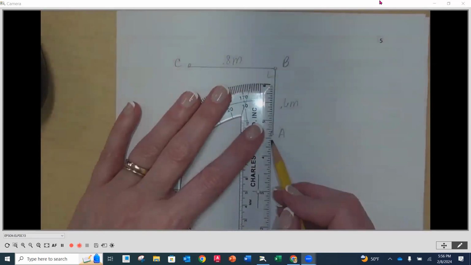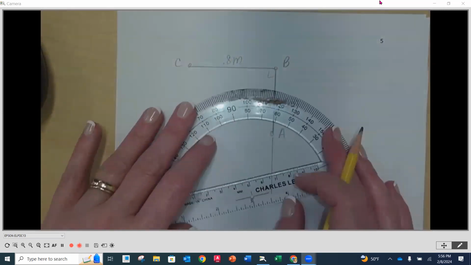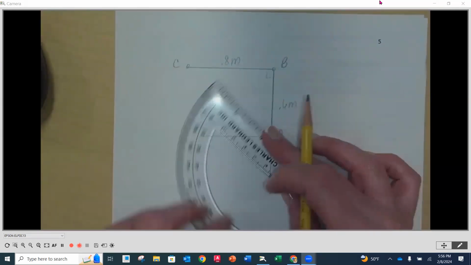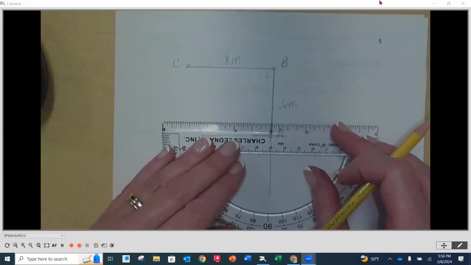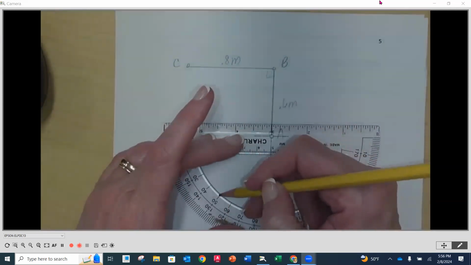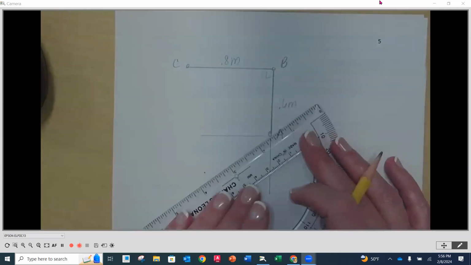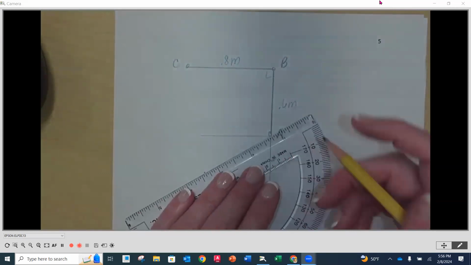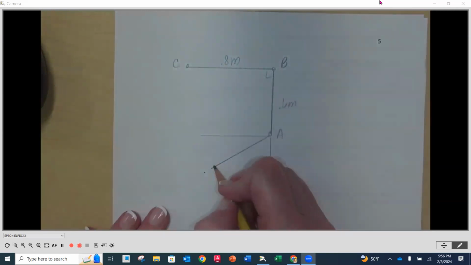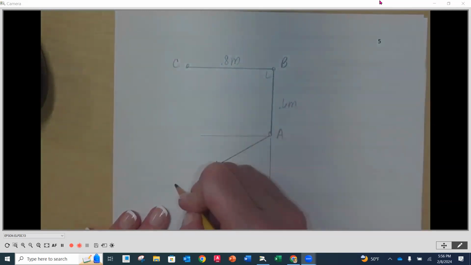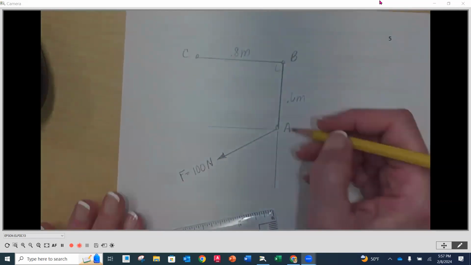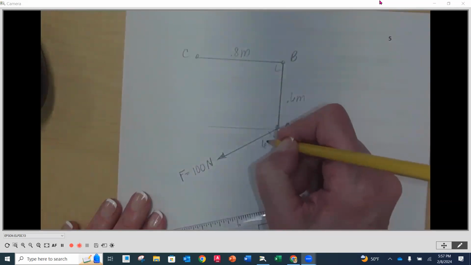And then from vertical, I'm going to do a horizontal as well, because we're going to have X and Y components, right? So I'm going to draw this like that. And I'm going to be 60. This is my force here. F is equal to 100 newtons. This was 60 degrees, right?